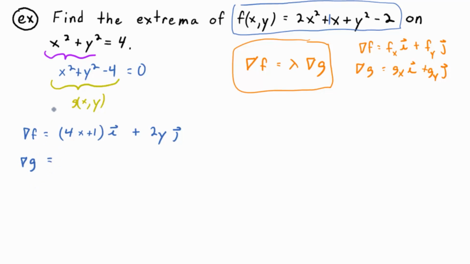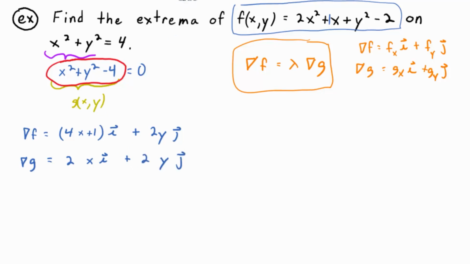So del g, focus on the left-hand side of this equation. What's the partial with respect to x? So I'm going to leave a little space between the 2 and the x. 2 space x i, plus, what's the partial with respect to y? 2 space y j.